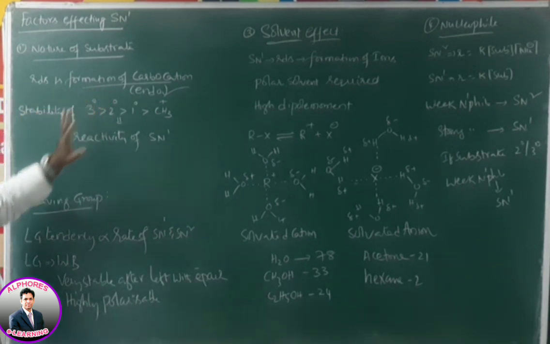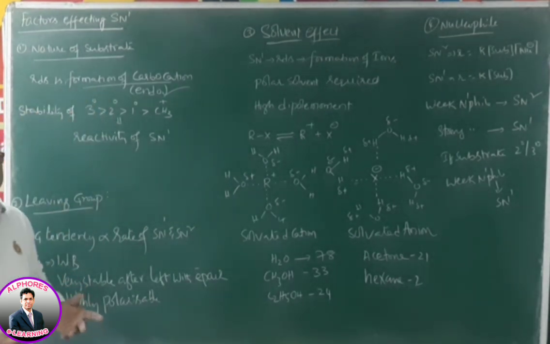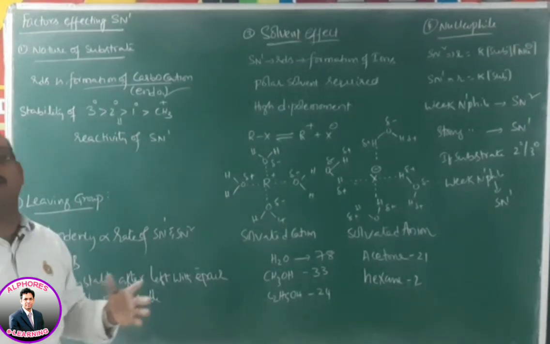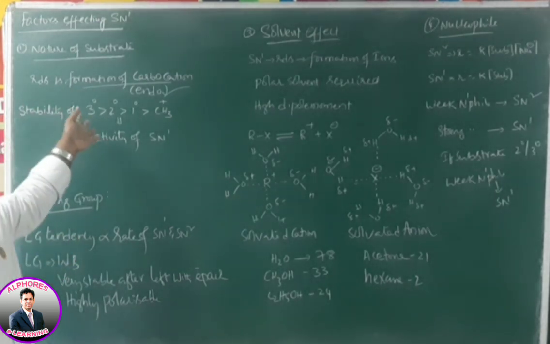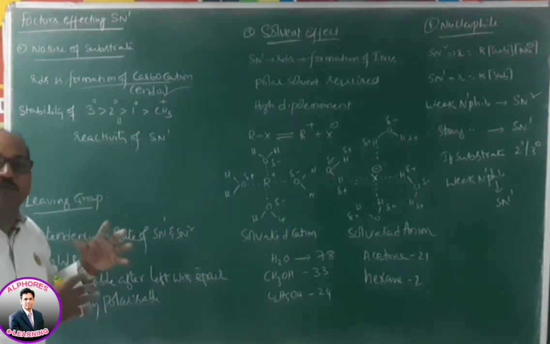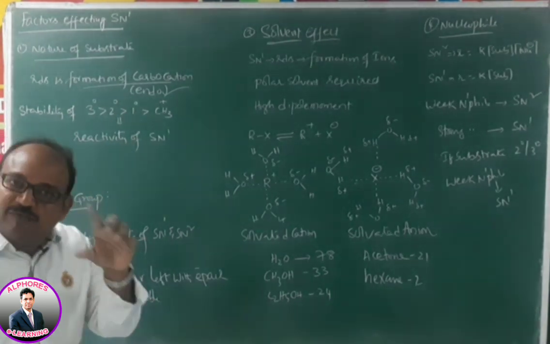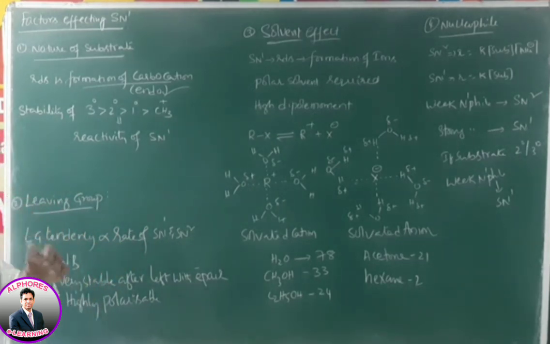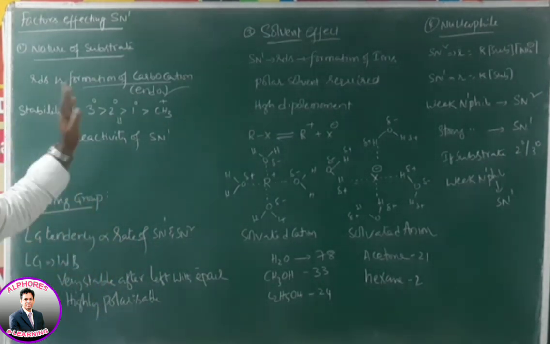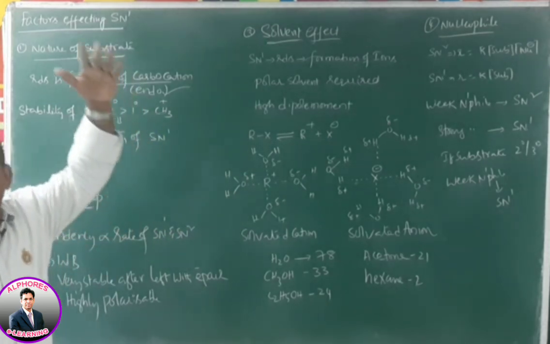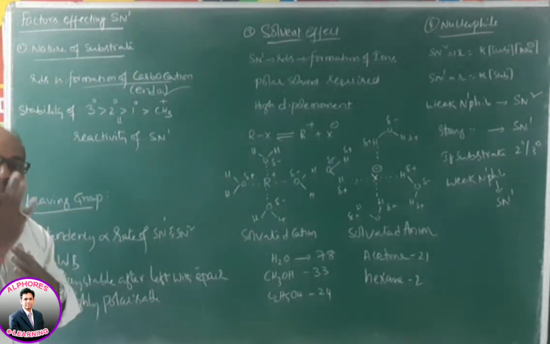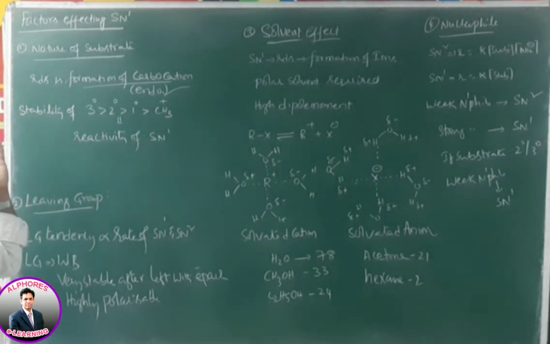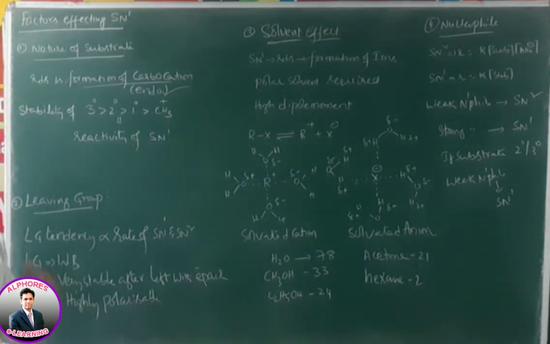So the formed carbocation, if it is more stable, how do we know which one is more stable and which one is less stable? That we already discussed in previous sessions. Tertiary carbocation is more stable than secondary, primary, and methyl carbocation. So while forming a tertiary carbocation, the activation energy required is less, whereas for formation of a primary carbocation, activation energy is more. We already know that activation energy is nothing but the difference in energy of the transition state and the energy of the reactants.